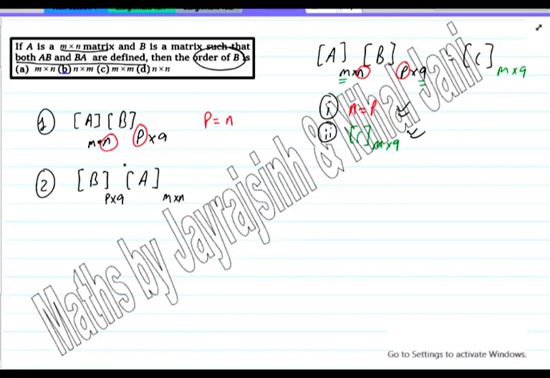So if we see their orders, we will get Q should be equal to M, right? So finally we get the order of B, which we assumed to be P cross Q. Now we can say P is equal to N and Q is equal to M. So your final answer is N cross M. Tada! Option B is your answer.